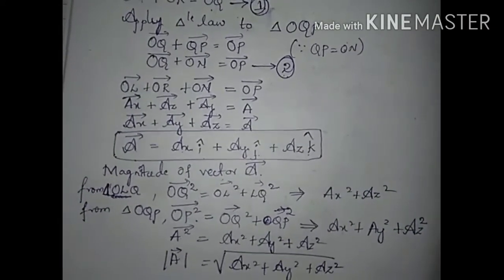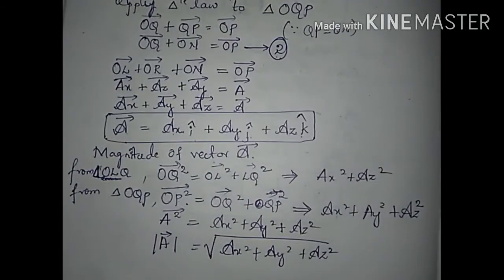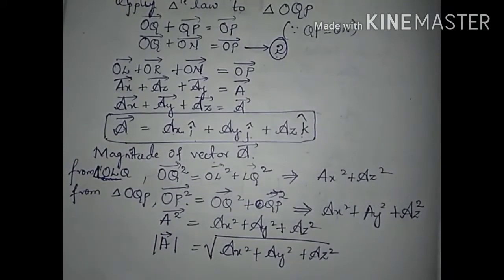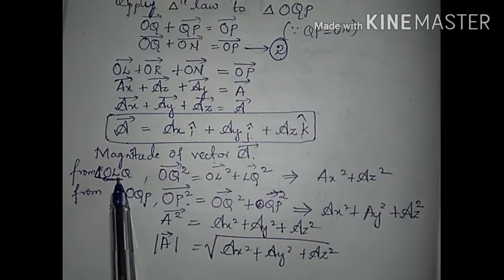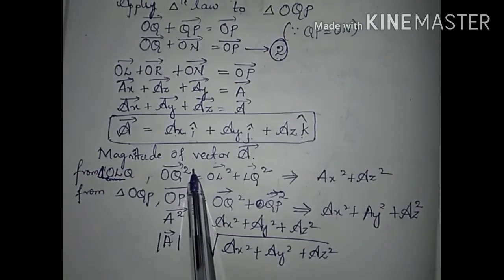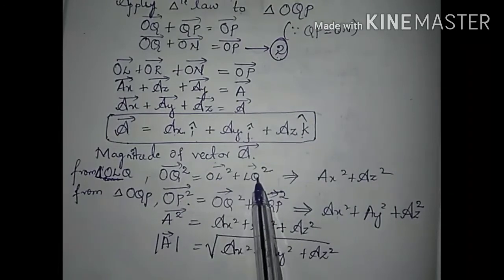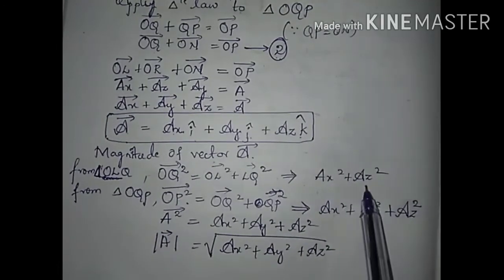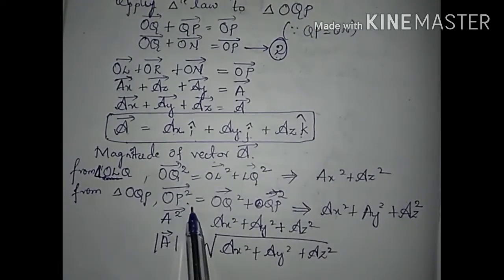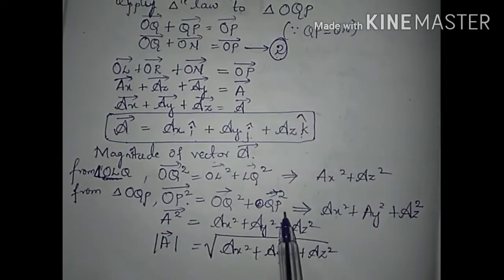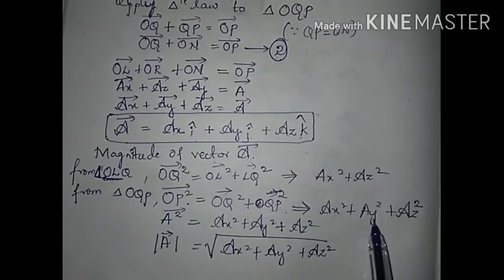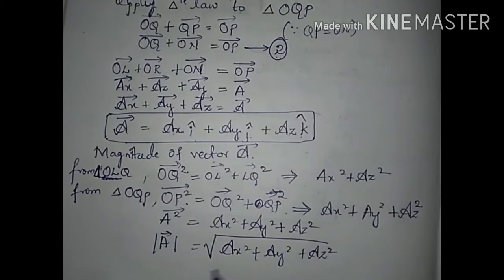Now, we have to find the magnitude of vector A, which is kept in a space. To find the magnitude of vector A, we have to consider two triangles OLQ and OQP. So OQ square is equal to OL square plus LQ square, which is Ax square plus Az square, and OP square is equal to OQ square plus QP square, so that can be written as Ax square plus Ay square plus Az square.